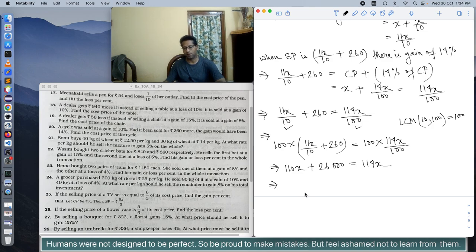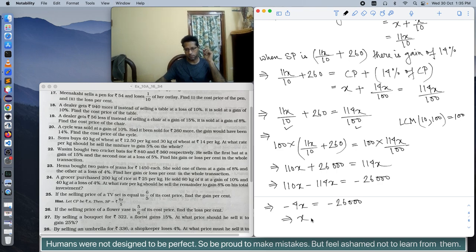I finally bring the variable terms to the left hand side and all the constant terms to the right hand side. So I can say 110x minus 114x is equal to minus 26000. This implies minus 4x is equal to minus 26000.